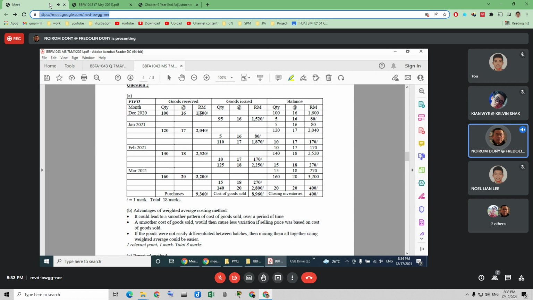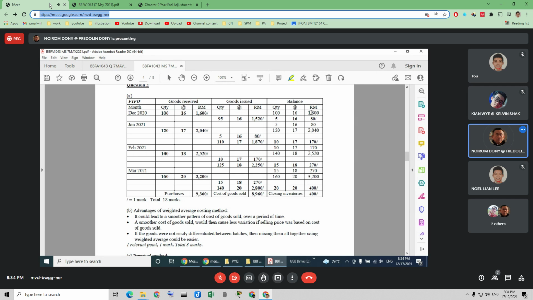The first thing is we do first in, first out. After we have recorded under the receive column, we update the balance column. So 100, 16, 1,600. We just copy.